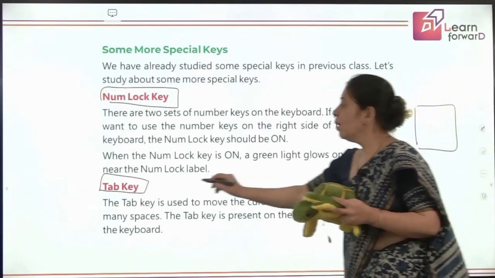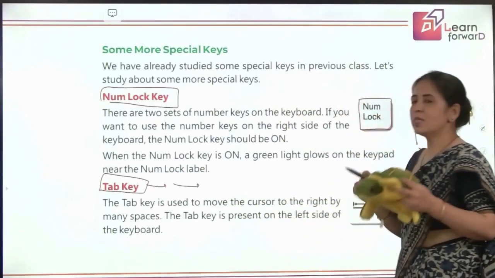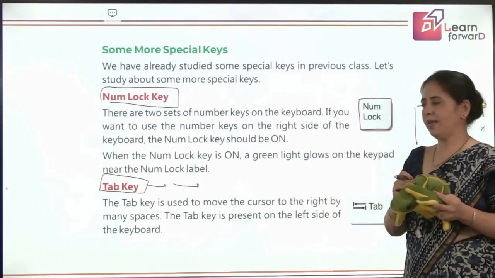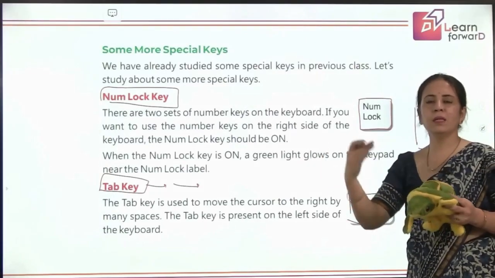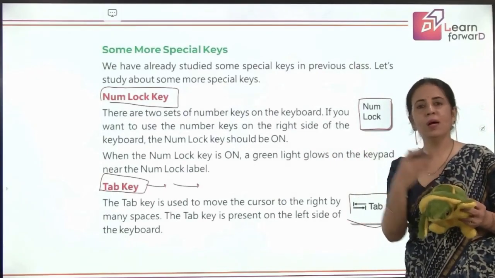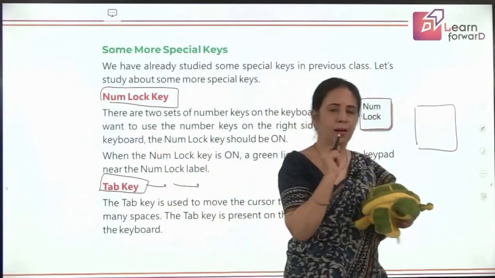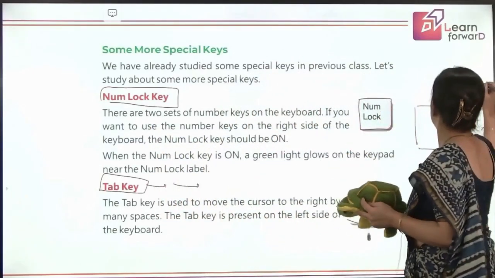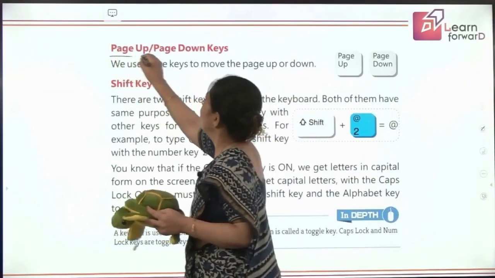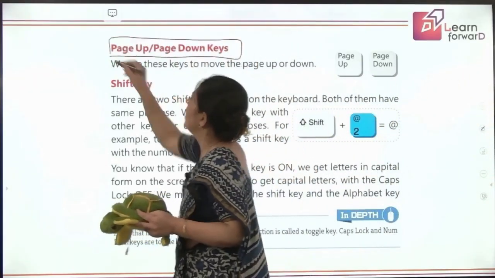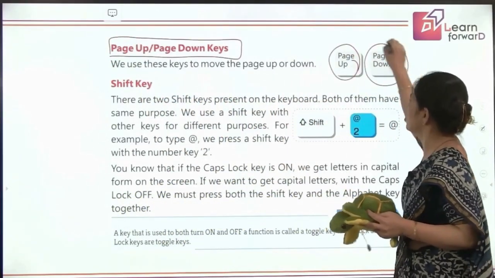But if you want to jump 3-4 steps all together, so instead of pressing space bar so many times, you simply press this tab key and the cursor moves toward the left side of your screen. Understood?